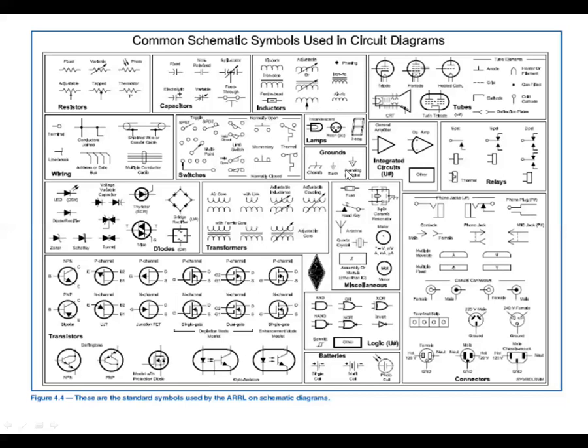Different types of lamps, the grounds, whether it be earth ground or a chassis ground, integrated circuits. This is an op amp or general amplifier. We'll get into those in a little bit. Different types of relays. An electromagnetic relay, they're still used a lot.